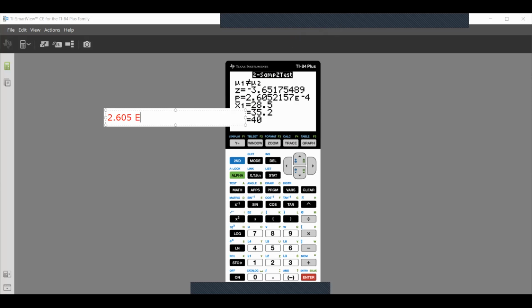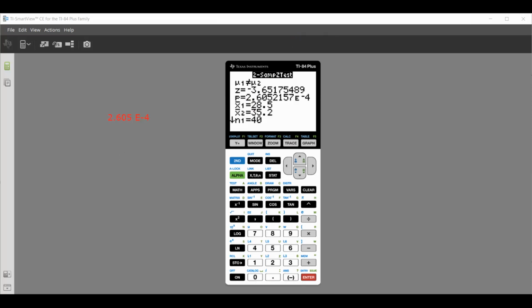So what you're doing is taking this decimal point and moving it 4 places to the left, and you're going to end up with some zeros in front of it, right?